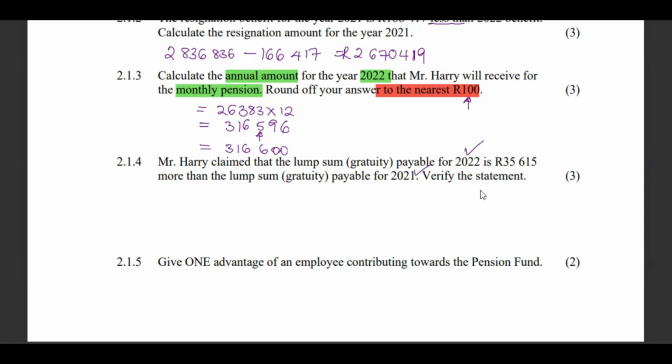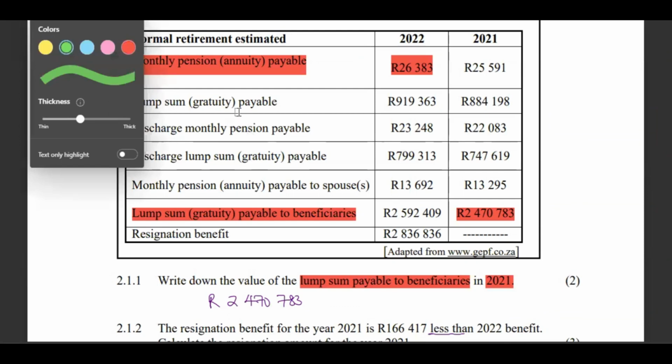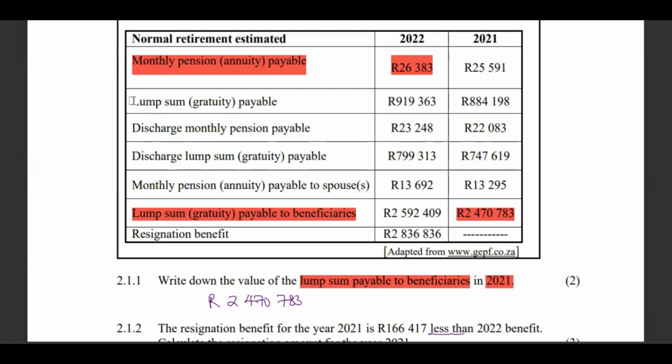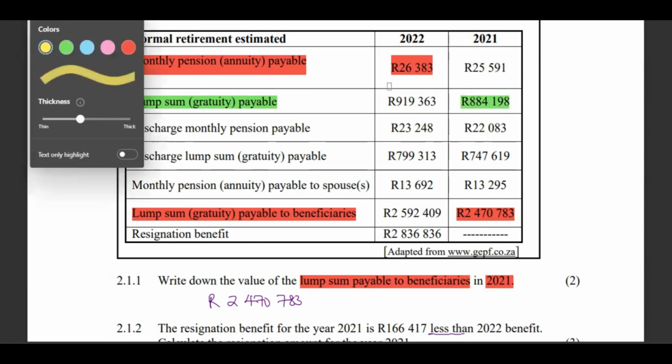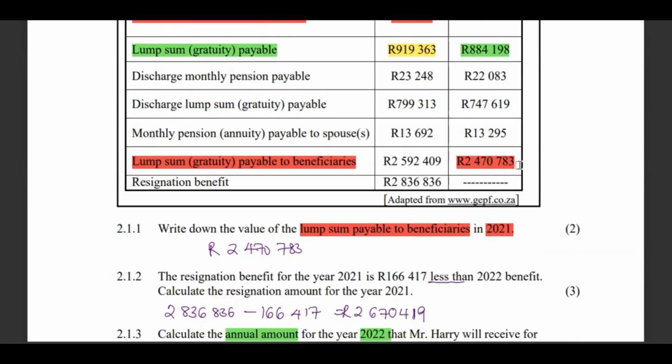So we are going to say lump sum gratuity payable. This one here, in 2021, and we compare it with these two.